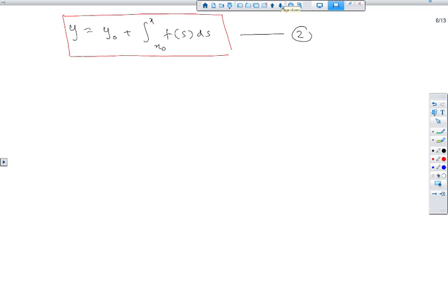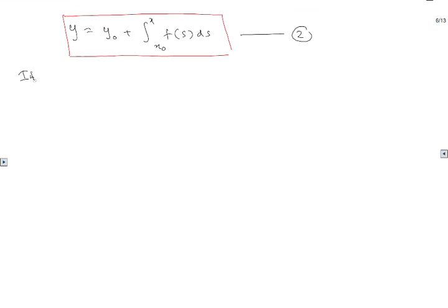Let's verify that this is actually the case, to make sure that when you plug in x0, you get y0. It can be seen that when x equals x0, y(x0) equals y0 plus the integral from x0 to x0 of f(s) ds.